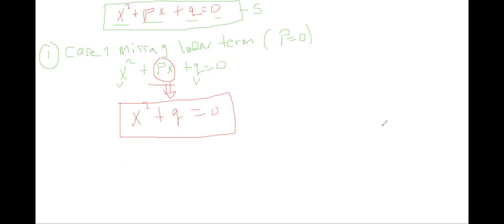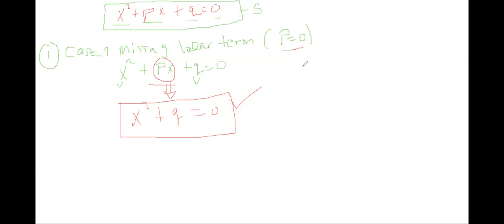So how do we solve this kind of equation, a quadratic equation where the linear component is missing, in other words, p equals 0? It's very simple. There is a standard formula for it, but if you want, you can also go on and solve it.